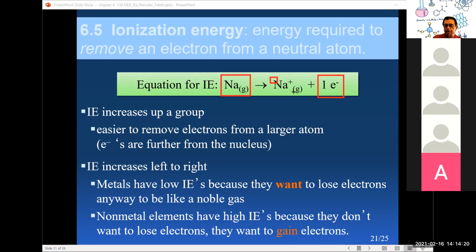Removing an electron gives us a positive charge. So if you think about this, if this was a non-metal, non-metals want to gain electrons. So yes, they can become temporarily a positive charge, but it can take a lot of energy for that to happen.